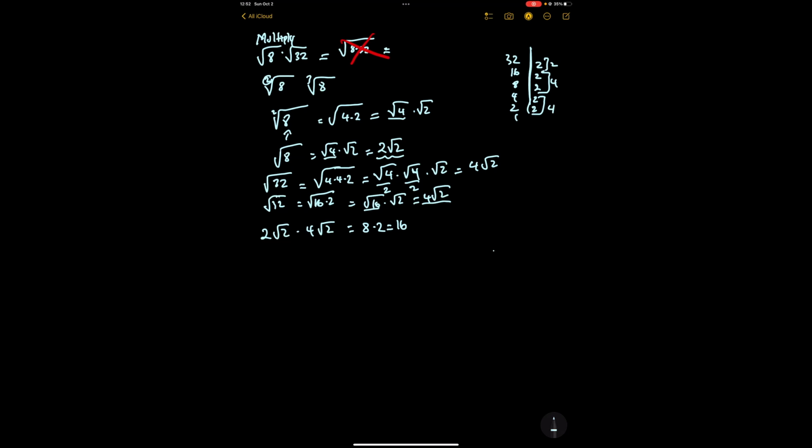But you see, I gave you guys the longer route to do that. But me, I would have just known, okay, this is square root of 8, so it will be 2 square root of 2 times 4 square root of 2. And that's equal to 8 times 2, which is equal to 16. I could have done that pretty easily.